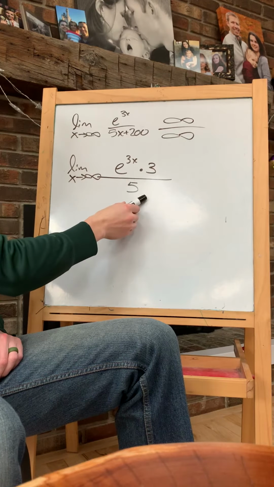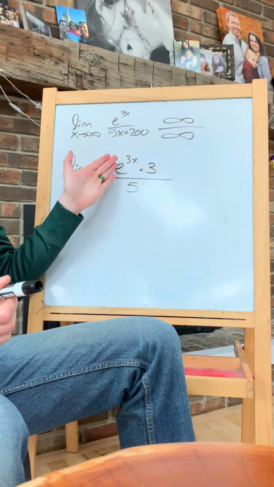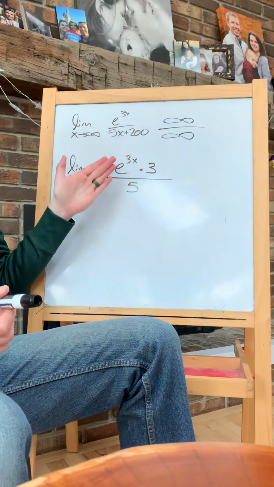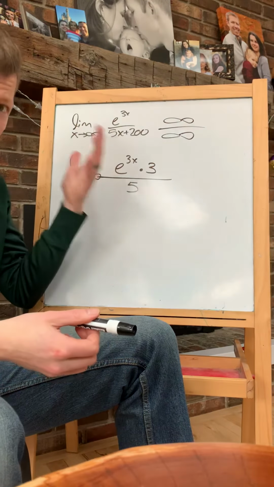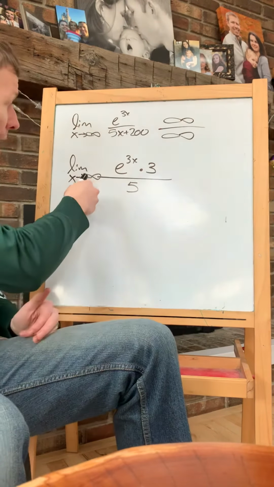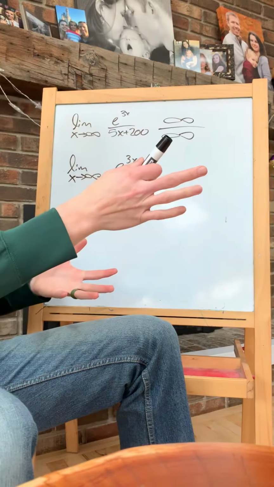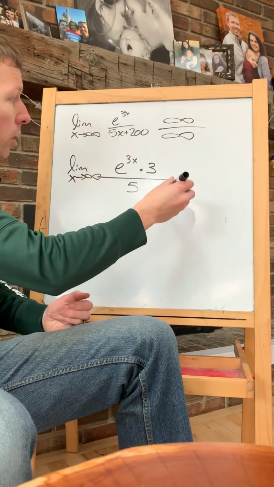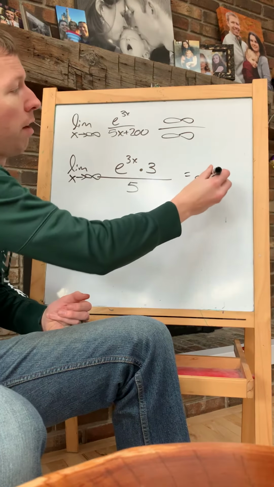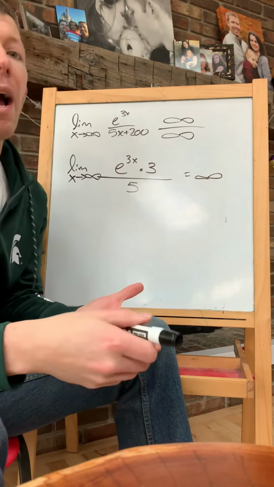And this number is just going to be 5. Well, if I have a number that gets super, super big, divided by 5, that number is still going to be super, super big. So, as x approaches infinity, this function is going to increase continuously. And so we can say that its limit is infinity because it's going to continue to grow in the positive direction.